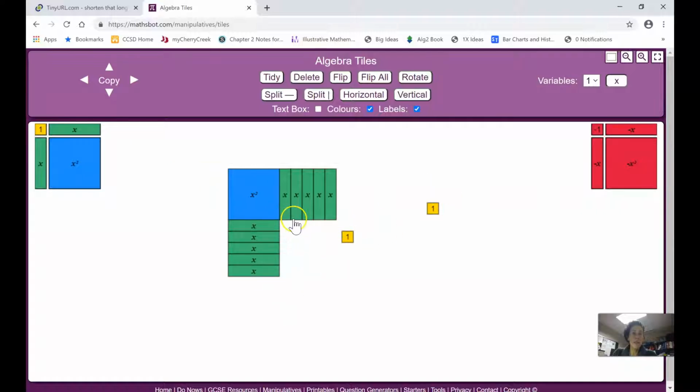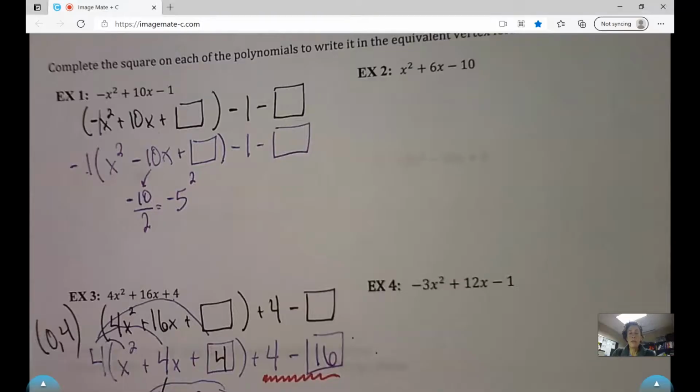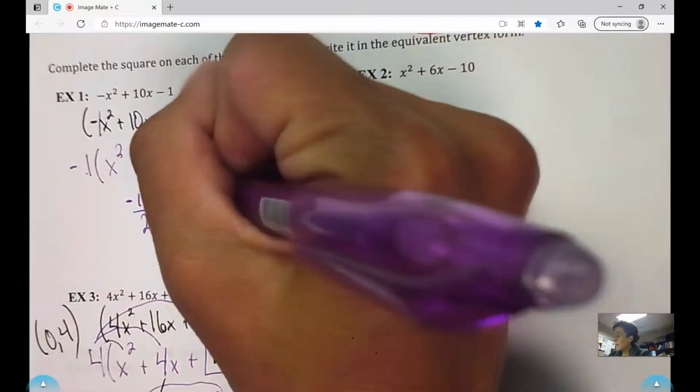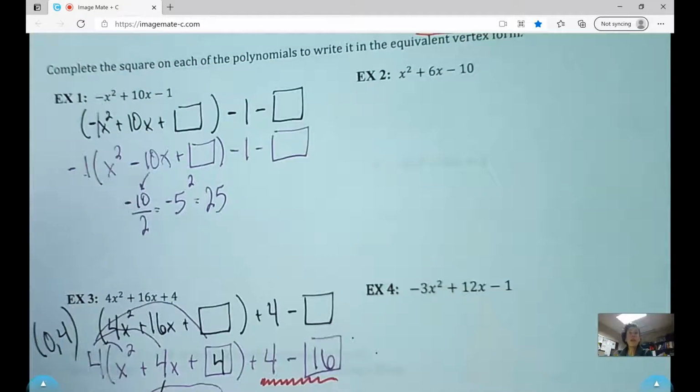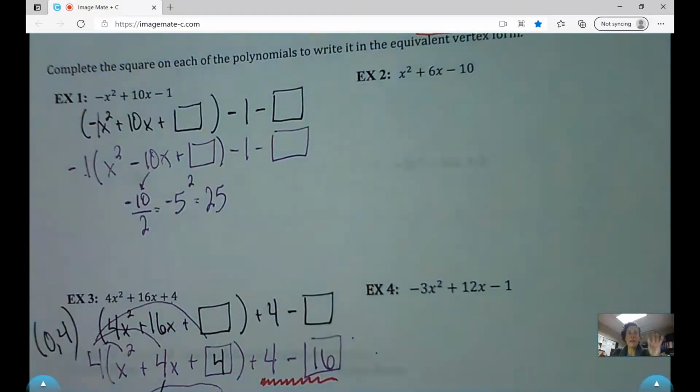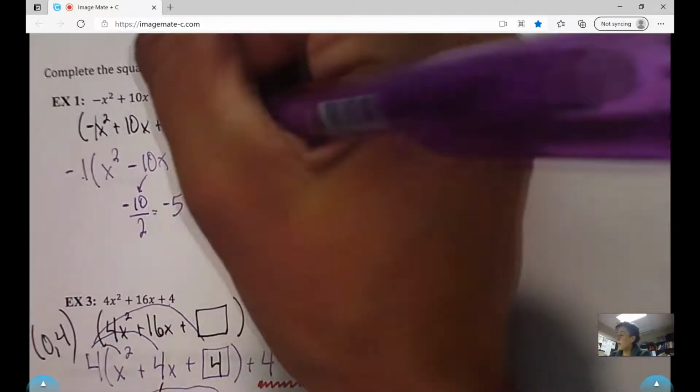I can see there's 1, 2, 3, 4, 5, and 1, 2, 3, 4, 5. So 5 times 5 is the same as 5 squared. In this case, it's -5, but same idea. All right? So -5 times -5 is 25. Whenever you square a number, it's automatically positive because a negative and negative make a positive, and a positive and positive make a positive.